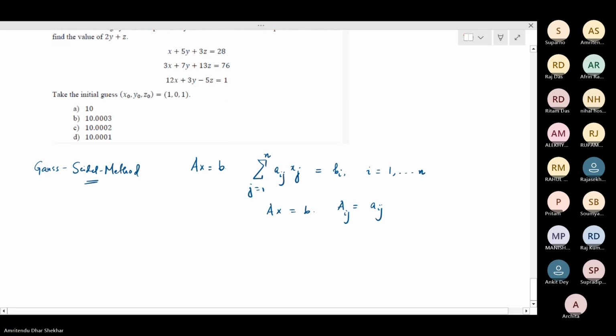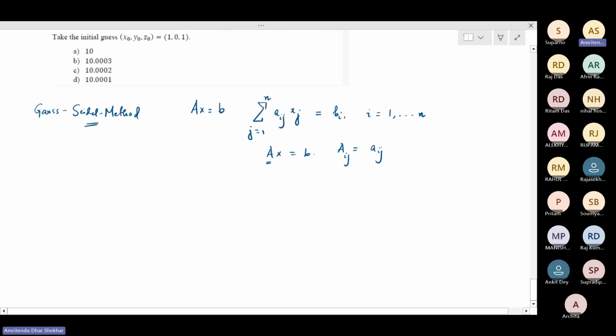Now, a sufficient condition that a solution always exists is that this matrix A is an invertible matrix. If the matrix is not invertible, then the solution may not exist, and if it exists, it would not be unique.